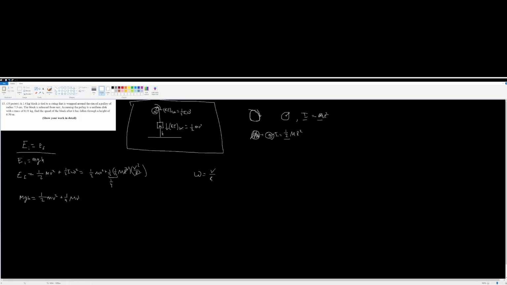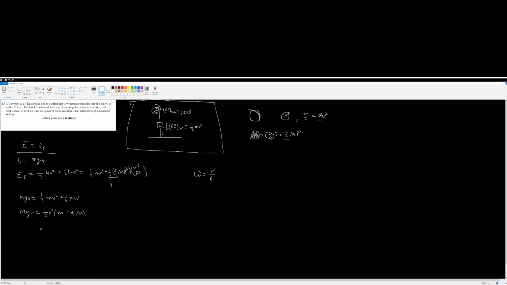Essentially, we can now go ahead and start to isolate v. So we have mgh equals 1/2 v squared times m plus 1/2 capital M.